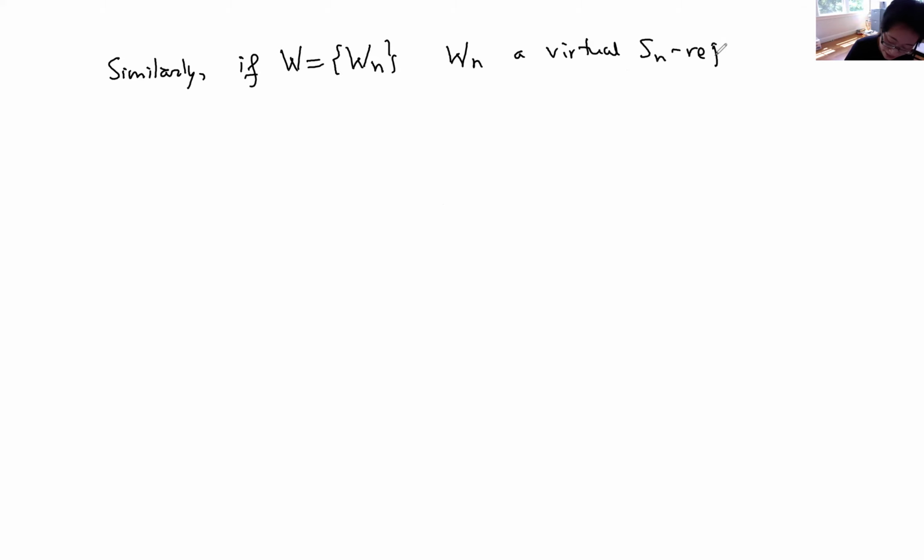So, similarly, if you have a sequence of virtual Sn representations, these are all finite dimensional. Sorry, everything here is finite dimensional.